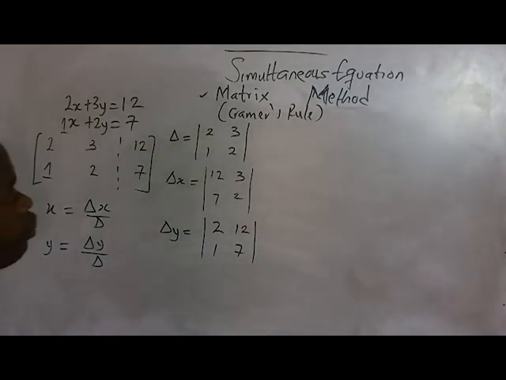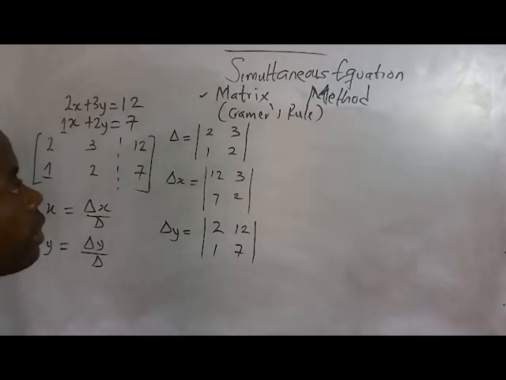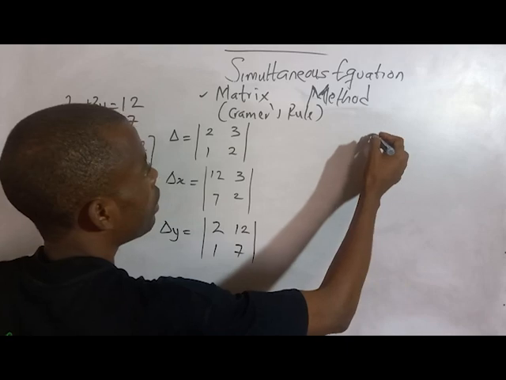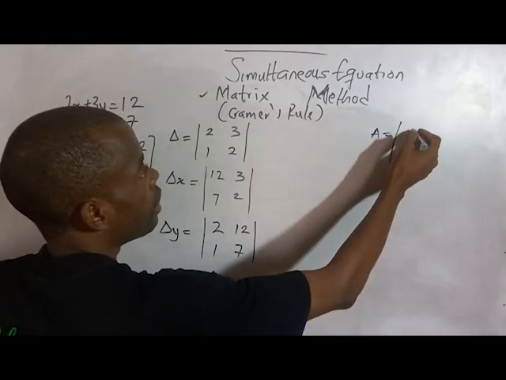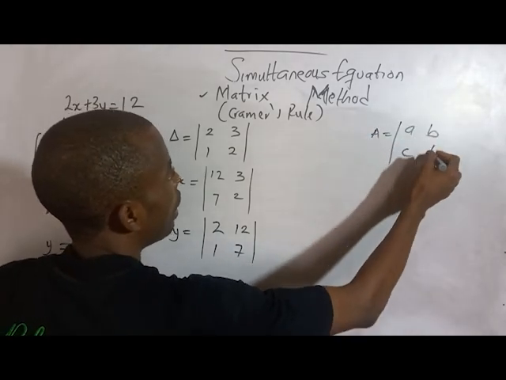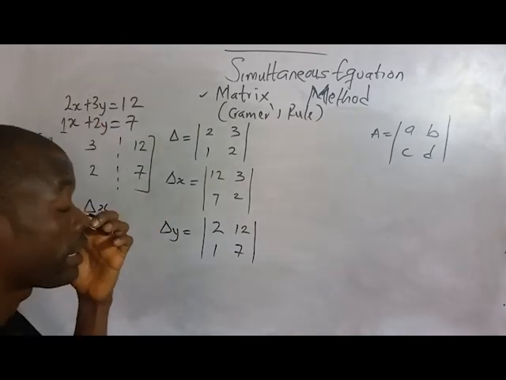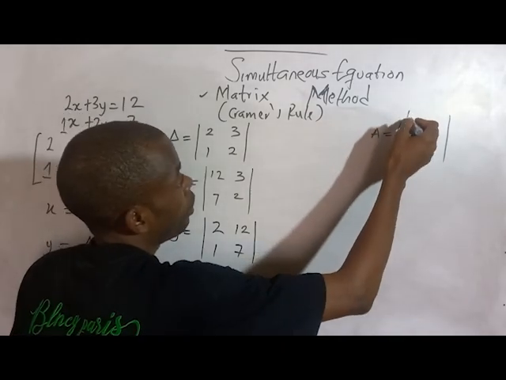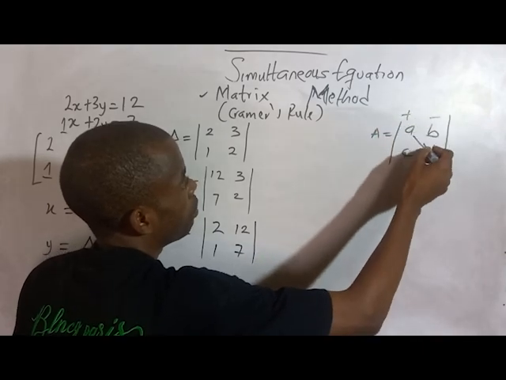Now, like I said, I'm going to do a quick recap on what determinant is all about so that you can get it. If you have a matrix, say a matrix A with a, b, c, and d, and you want to find the determinant of this matrix, what you do is just indicate the plus and minus signs here, then cross multiply.